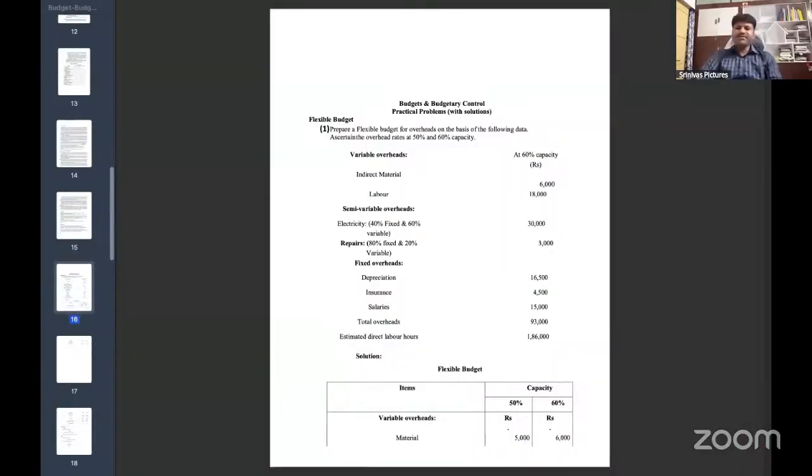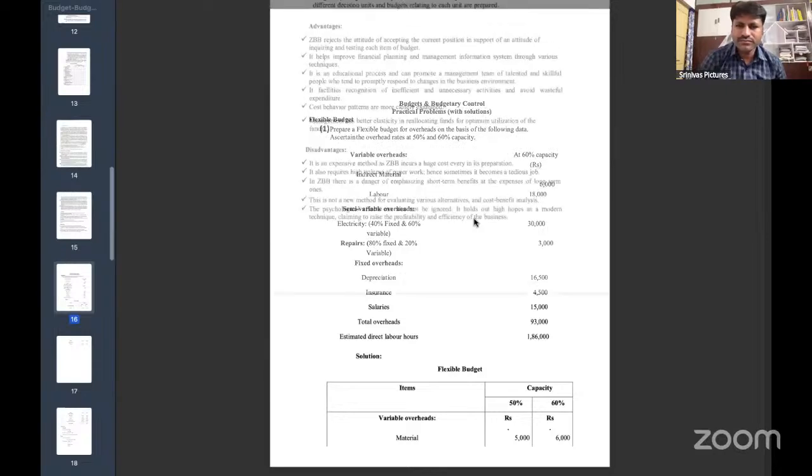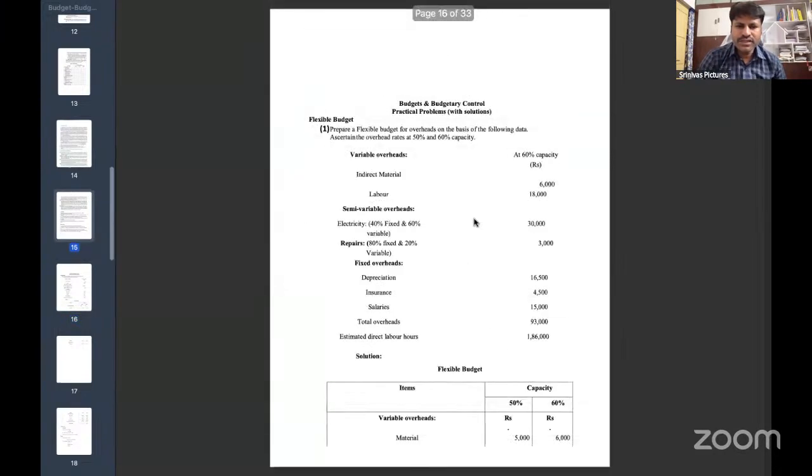See here, I'm sharing some practical, important problems. The first one is the flexible budget. Here I am going to give some practical problems and solutions.